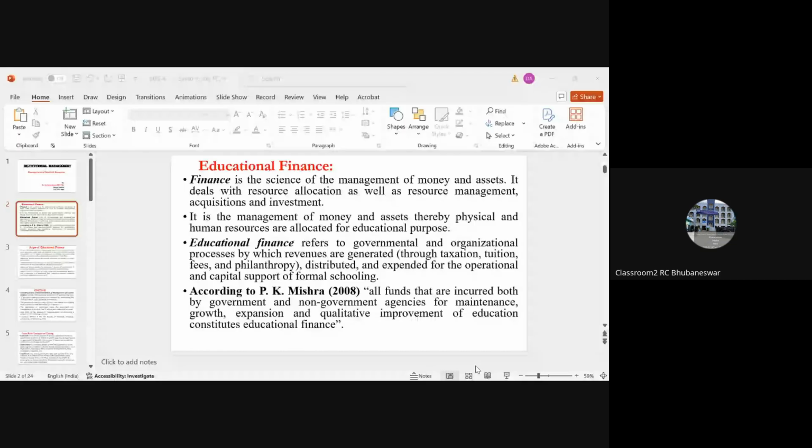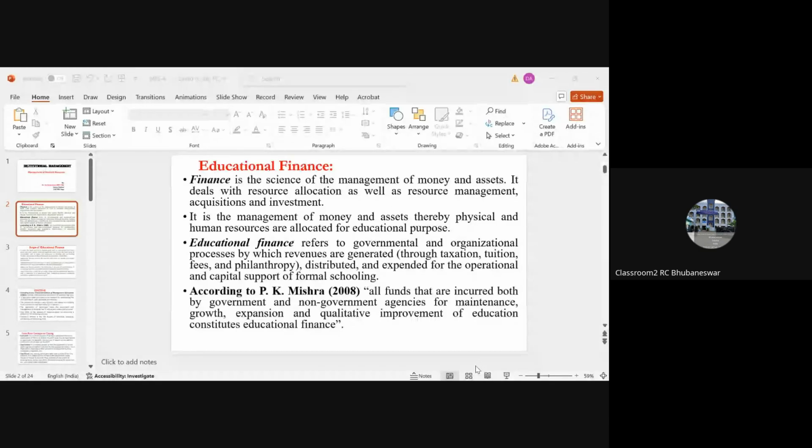It deals with resource allocation as well as resource management, acquisition as well as investment. So what we learned: finance is the science of management of money and asset, and under money and asset all the investment is also discussed.